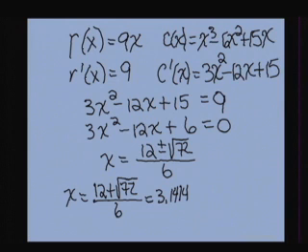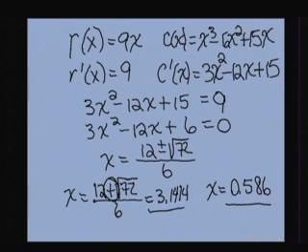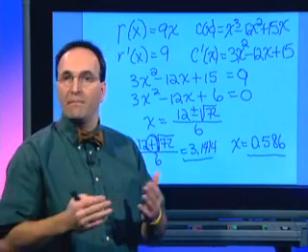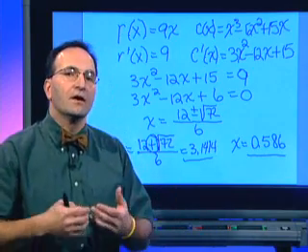And our other answer is when we have a subtraction there, so it'd be 12 minus the square root of 72, and in that case we get x is equal to 0.586.